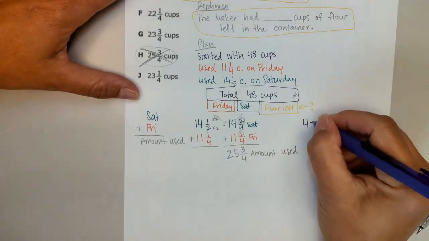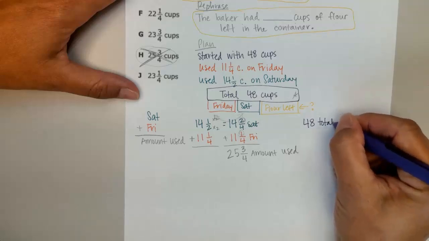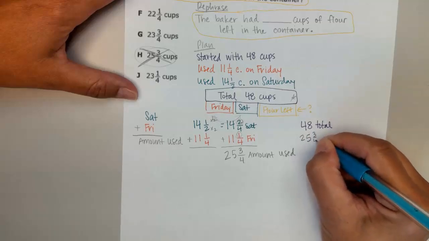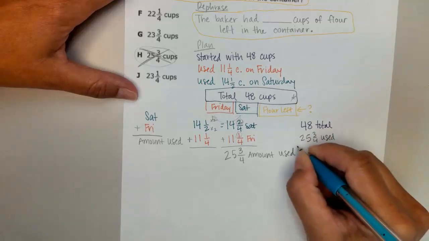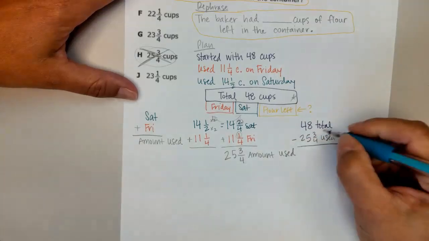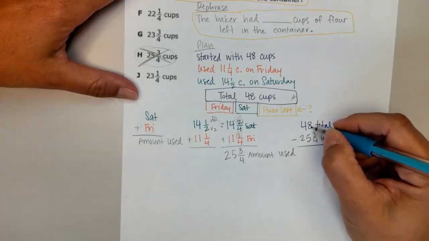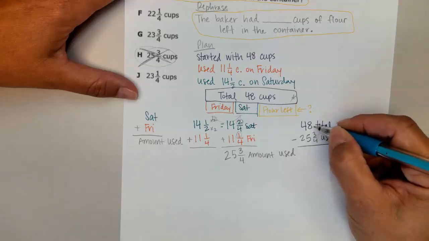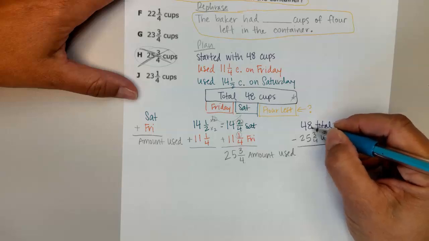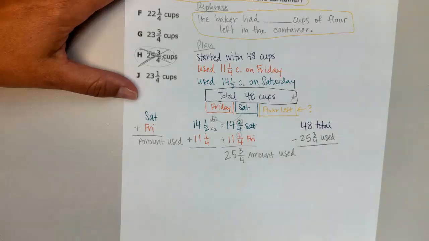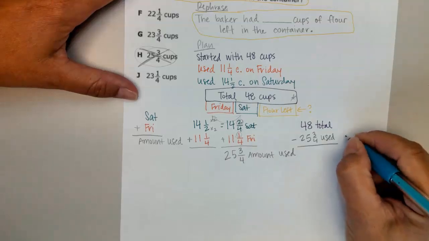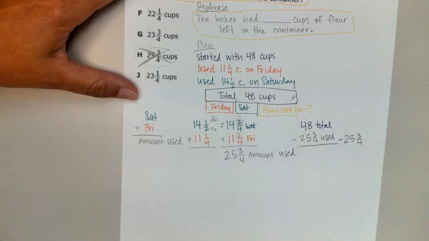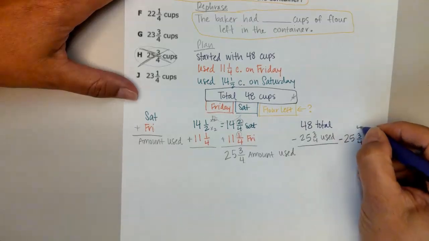So 48 is the total amount of flour. 25 3/4 is what was used. To be able to subtract these two things, I cannot subtract a whole number from a mixed number. So I need to borrow a fractional amount from my whole number so that I can subtract my fractions. So the nice thing about this is that I already have a denominator that I know I'm going to need to make my equivalent fraction.